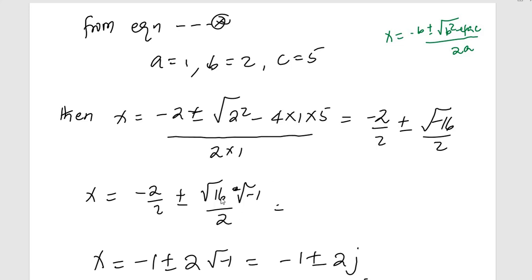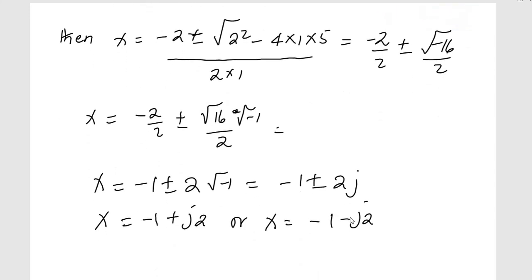So if I let it be the square root of 16 multiplied by root of -1, I have not changed anything. Therefore, at the end of the day, I have x equal to -1 plus or minus 2 root of negative 1, which gives negative 1 plus or minus 2j.